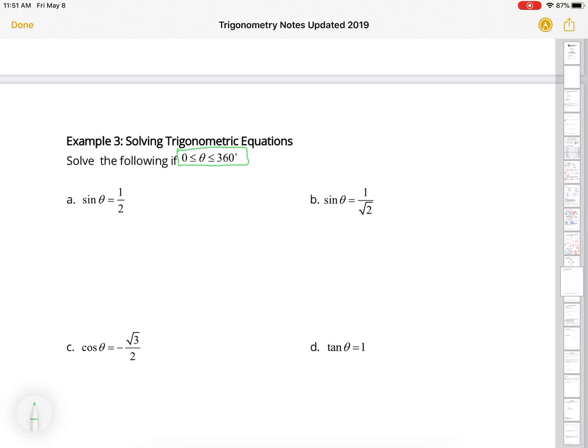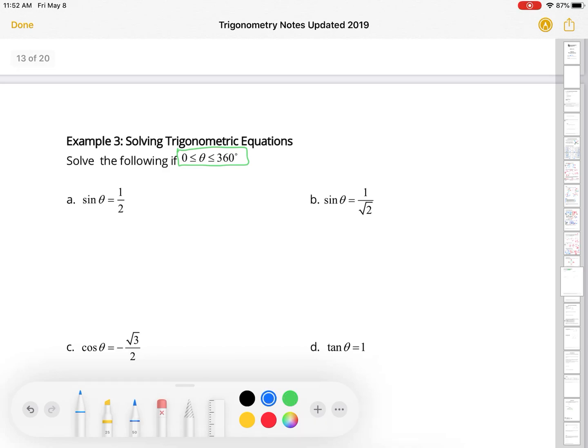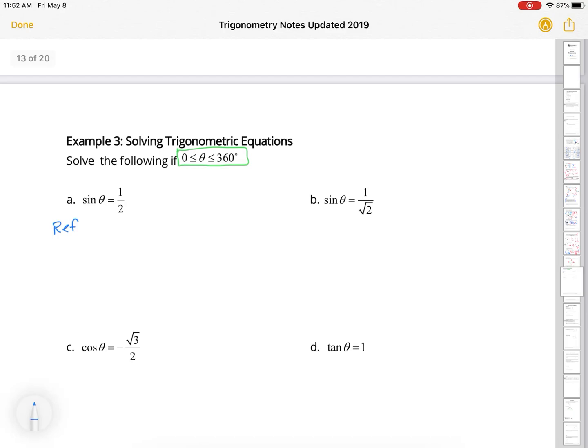Alrighty, let's move on. Example 3, solving trig ratios. Now we're solving the following for the following restriction: theta is greater than or equal to 0 and less than or equal to 360. Now we're given the ratios, and we can use them to find what's going on.